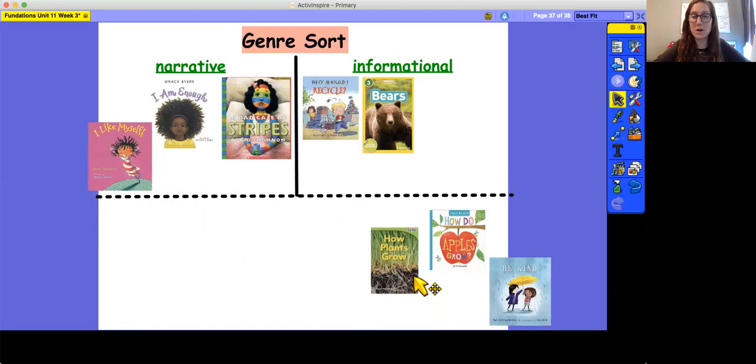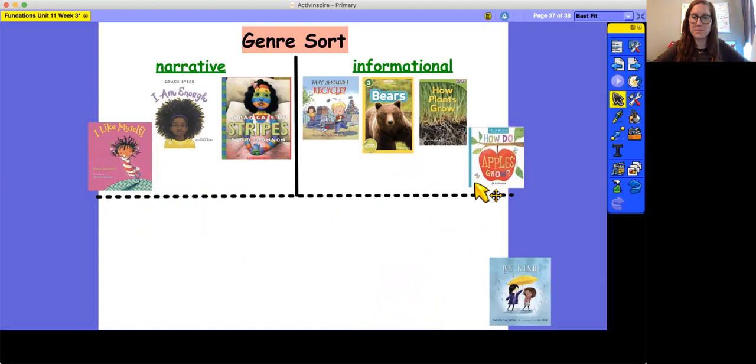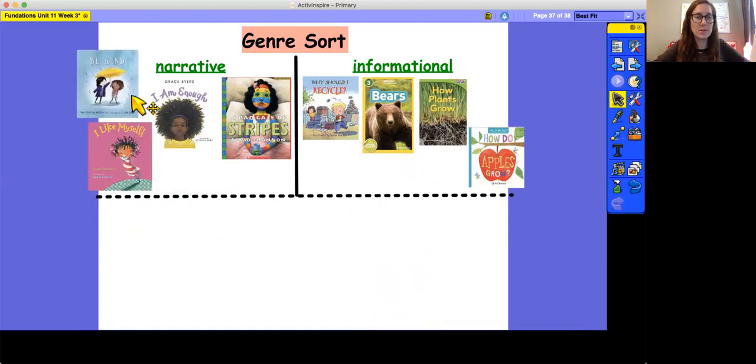It will teach you about how plants can grow. Next, we have a book called How Do Apples Grow? Do you think this tells a story or teaches us information? It teaches us information about how apples grow. The last one is called Be Kind. This is a narrative. It's going to be telling a story about someone who is kind.